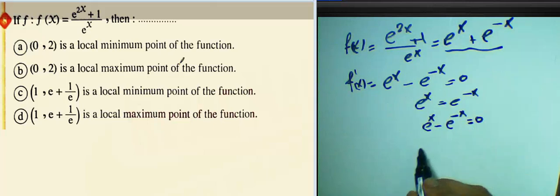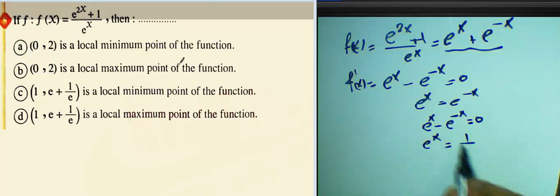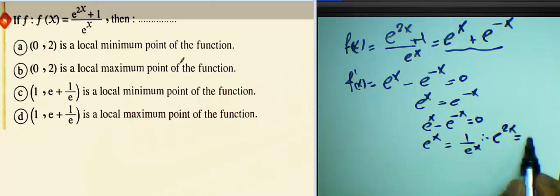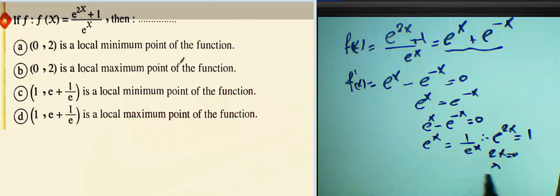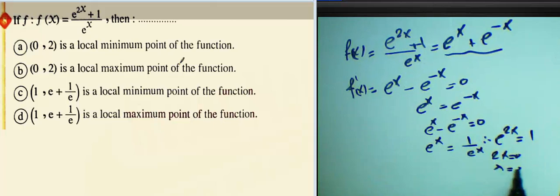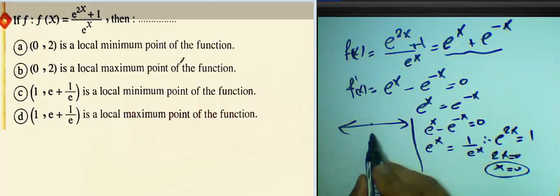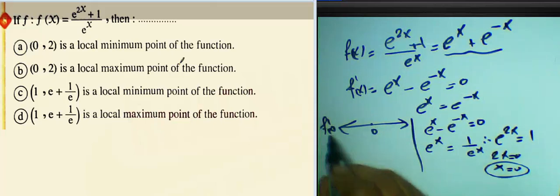The result will be e power x equal 1 over e power x. Cross multiply, then e power 2x equals 1. So 2x equals 0, and then x equals 0. Okay, and drawing the sign line with 0 here, put the function of f dash of x.